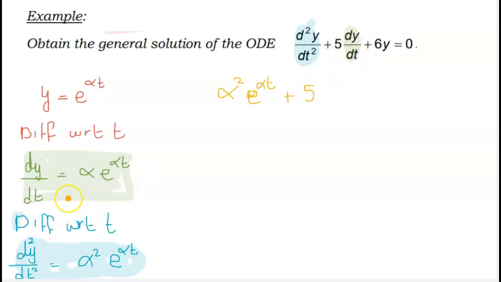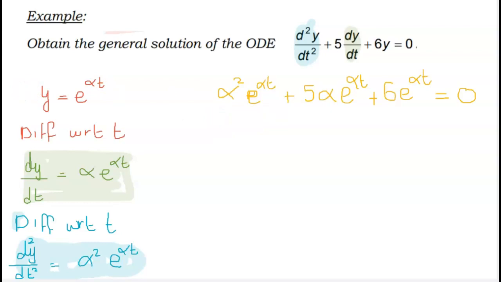Dy over dt is this one, alpha e to the alpha t. Plus 6 is as it is. But then there is a y. Y is e to the alpha t. And that's equal to 0.